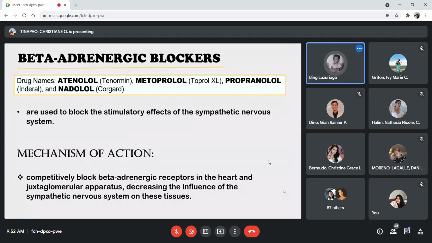Okay, beta blockers. We also discussed beta blockers already. What is the effect of your beta blocker? Beta blocker or beta adrenergic blocker is already the mechanism of action. So what is its effect?